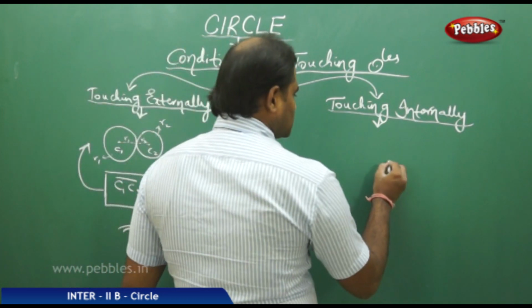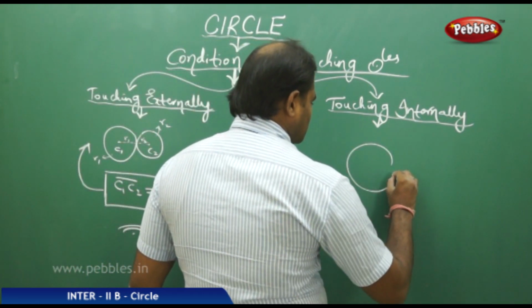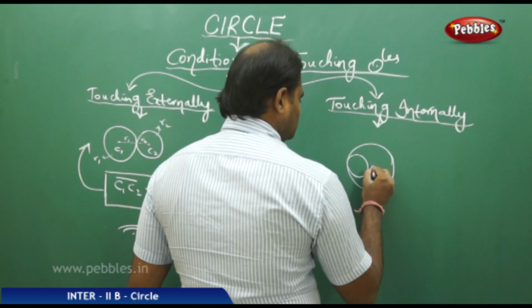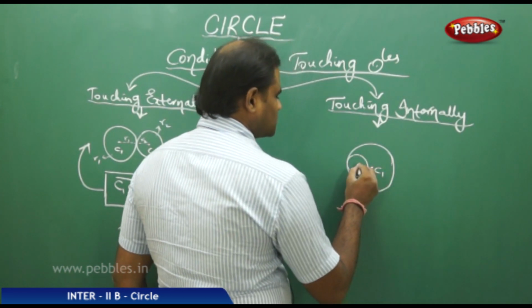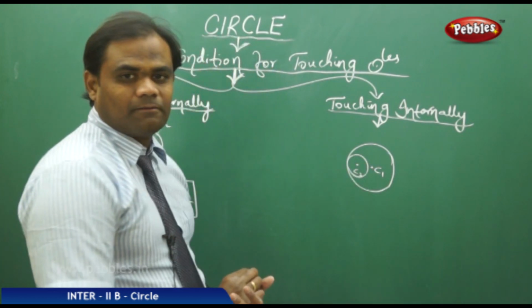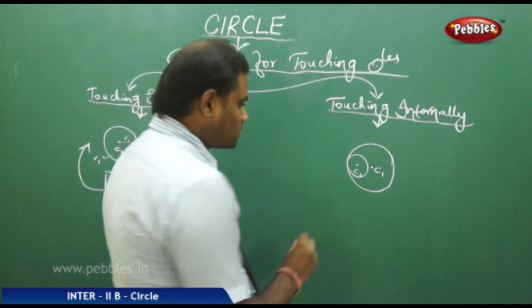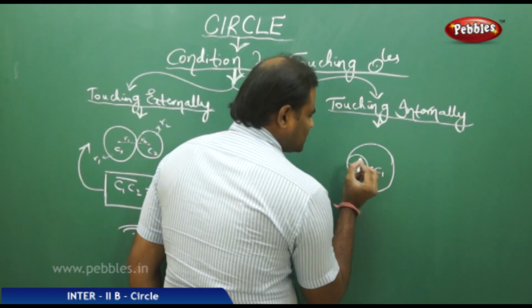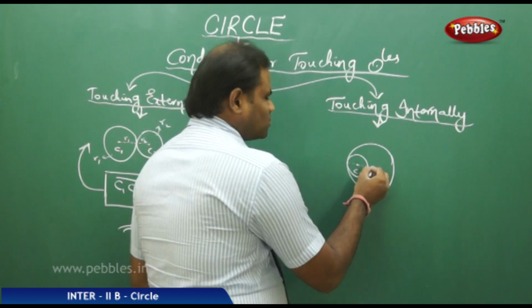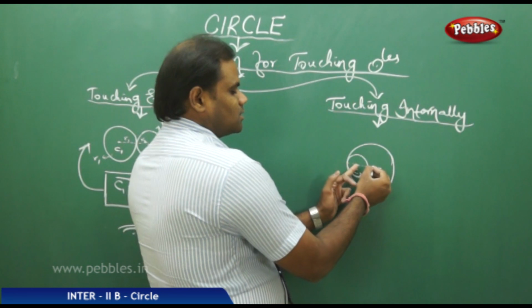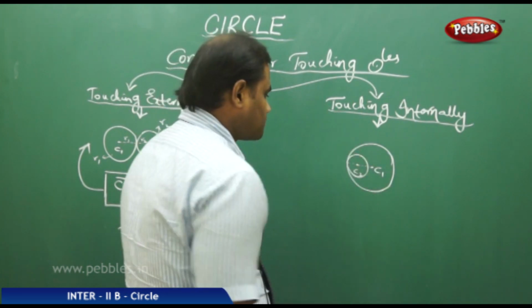Similarly, if I have two circles touching internally, the center of this circle is C1 and the center of this circle is C2, with radii R1 and R2, then clearly when I join these two, I see that the distance between C1 and C2 is R1 minus R2. This minus this gives me the distance between the two centers.